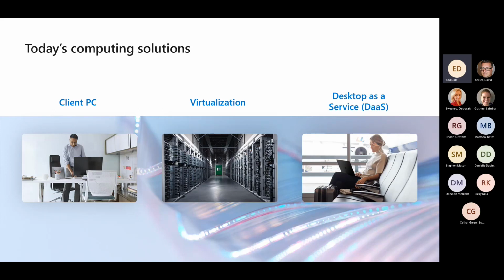Now, the client PC is known and loved, what people are most familiar with, and many larger organizations also added traditional virtualization if they needed more scale for things like app streaming, whilst other companies found value in desktop as a service like RDS, for example. Now, these solutions help address common commercial needs, but they're not always suitable for all scenarios or resources.